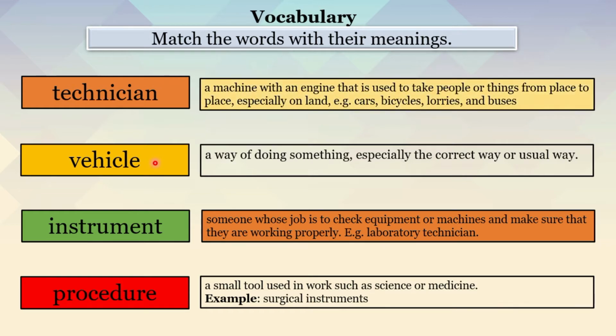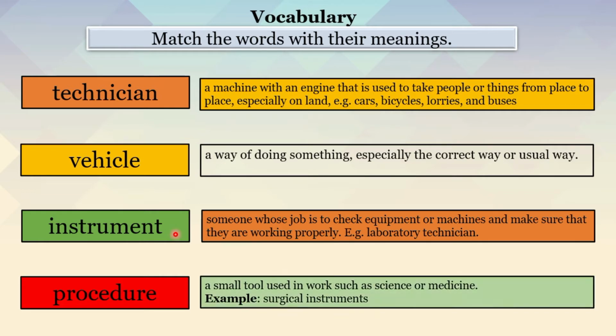Vehicle. A vehicle is a machine with an engine that is used to take people or things from place to place, especially on land. For example, cars, bicycles, lorries, and buses. Our next word is instrument.